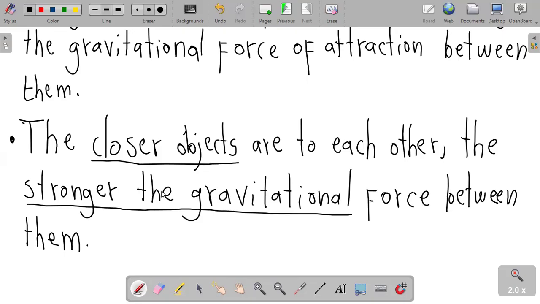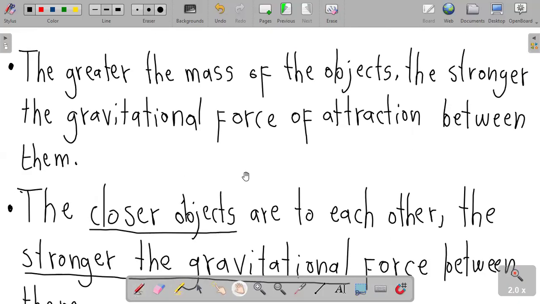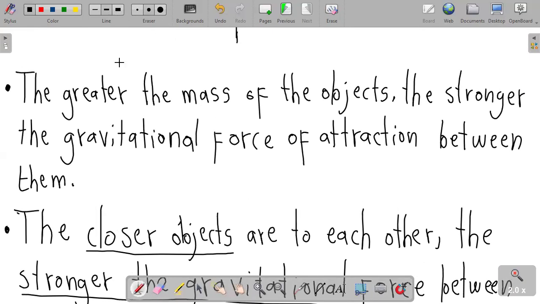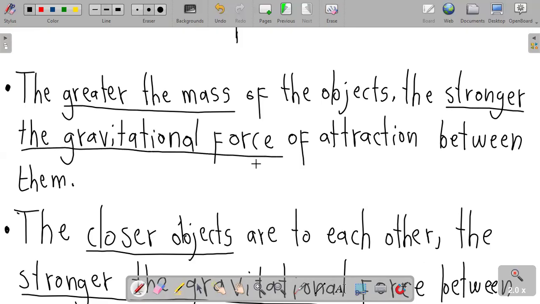So it means the further the objects are to each other, the weaker the gravitational force. That would be the opposite of this point here. Even the first point, the greater the mass of the objects, the stronger the gravitational force.